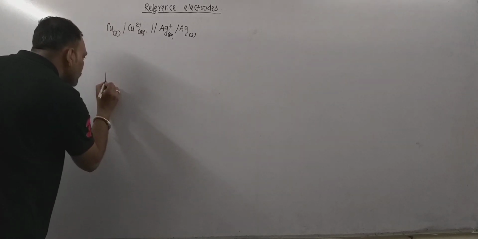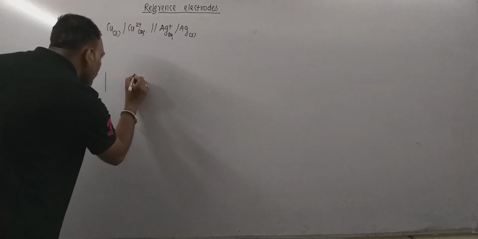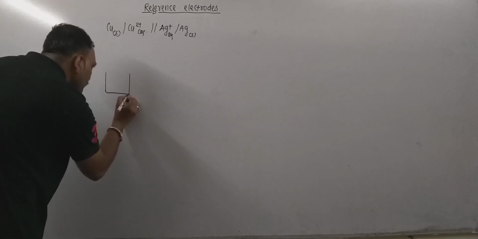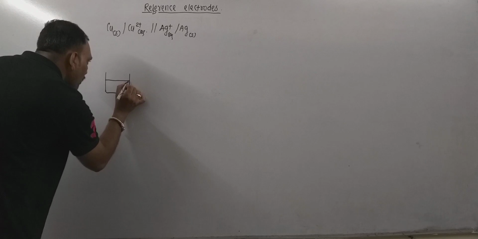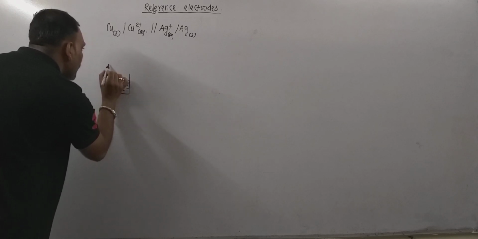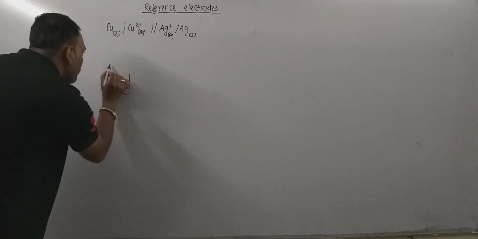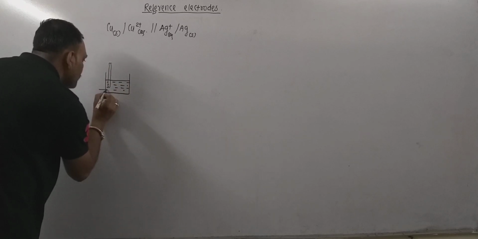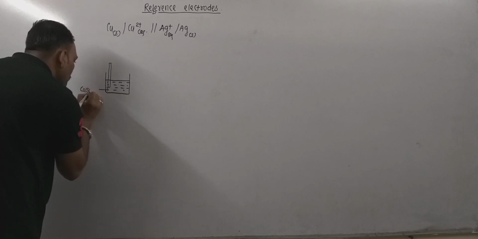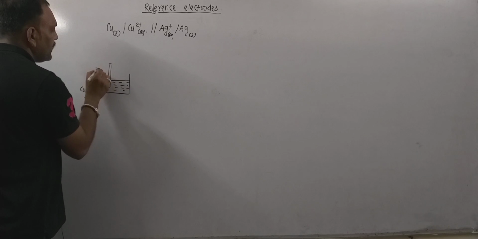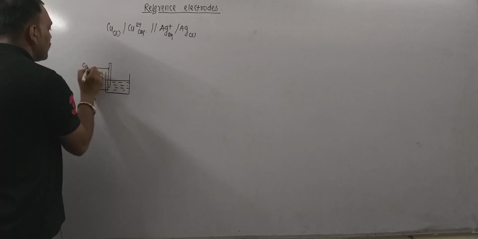Now this cell can be drawn like so: this is a beaker consisting of an electrolyte solution having copper ions, and a copper electrode is immersed in it. This is supposed to be CuSO4 solution which contains copper ions, and this is a copper rod.